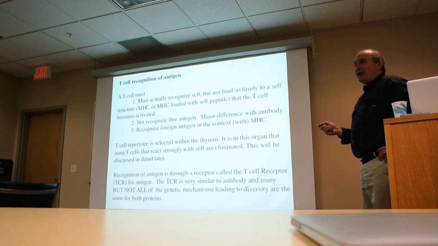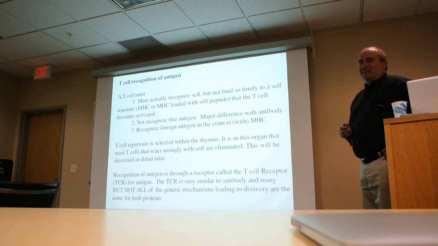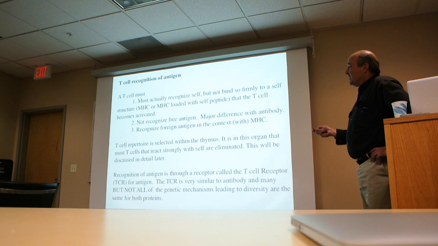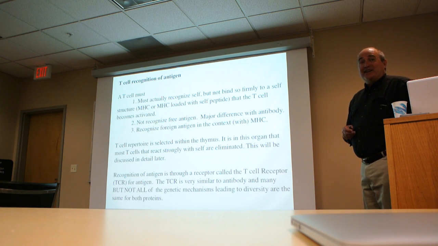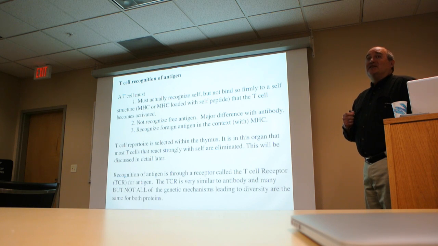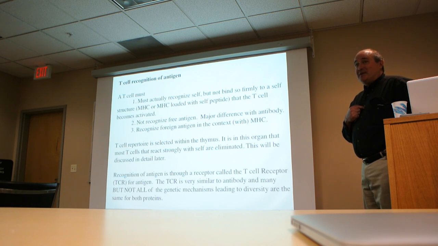The TCR has got kind of a weird feature that isn't the case for a B cell, is that it actually needs to be able to recognize self. It needs to know that it's your own MHC that it's going to interact with that's presenting peptide. So it has to be able to recognize your MHC.